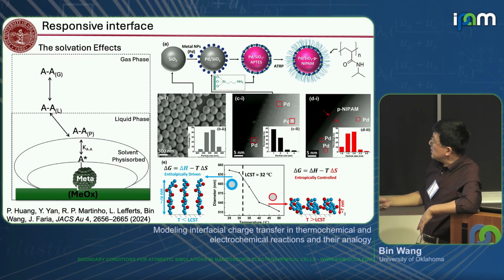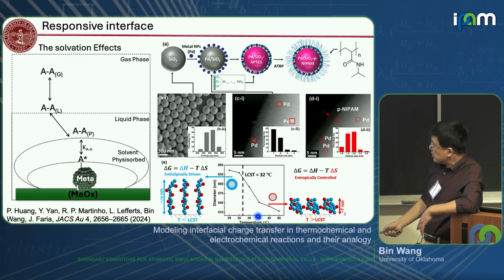Experimentally now, they grow this polymer on top of the silica. This is the PNIPAM polymer. This PNIPAM has a thermal response. So at low temperature, below the critical temperature of about 32 degrees Celsius, the polymer will swell in water. And in this case, the polymer length is about 70 nanometers, so it's pretty long.